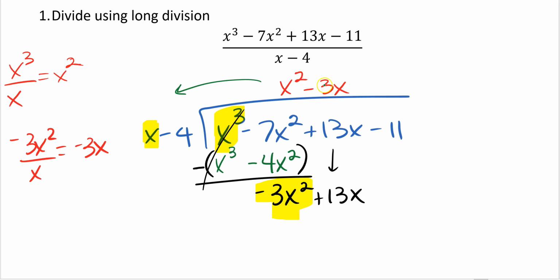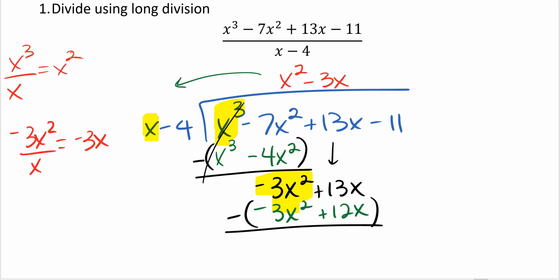Then we're going to multiply. Negative 3x times x is negative 3x squared. Negative 3x times negative 4 is positive 12x. Next, we're going to subtract everything in this expression.